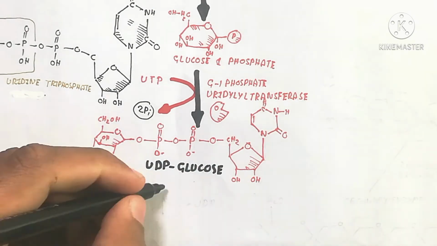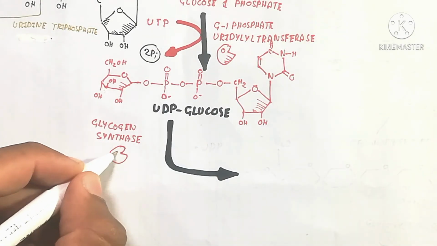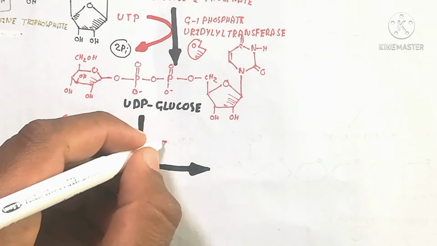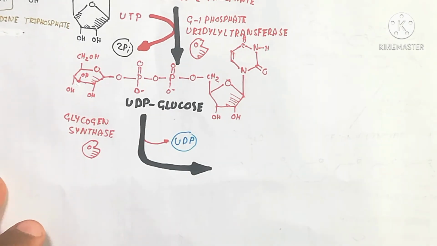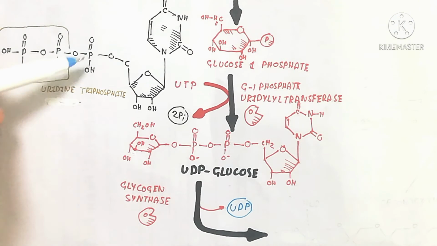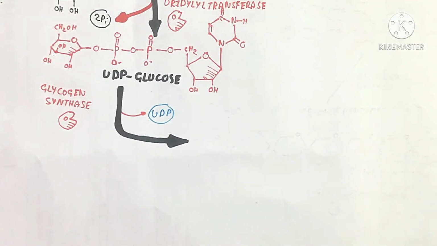At last UDP glucose will be formed, made up of uridine and 2 phosphate groups, as well as one more glucose looking like here. And that UDP will be released and glucose will be separated by the presence of glycogen synthase enzyme.